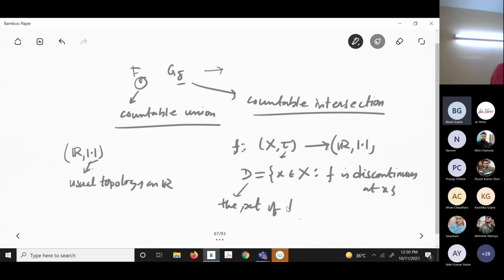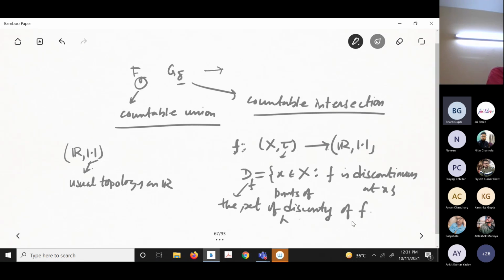Actually, you should write points of discontinuity, the set of points of discontinuity of the function f. More precisely, it should be like D_f, but here I have taken f and f is fixed. So, the set of points of discontinuity of f.